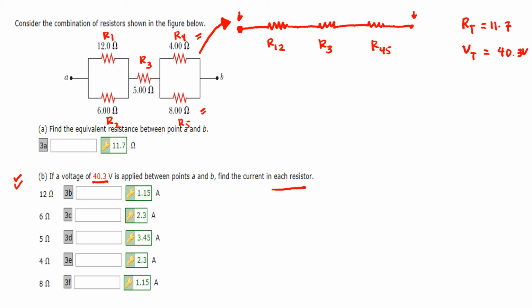Now at this point, since we have the total resistance and we have the total voltage, then we could also solve for the total current. And how do we do that? Using Ohm's law.